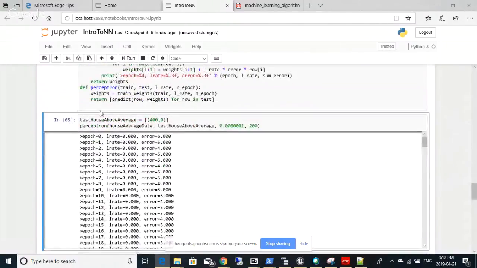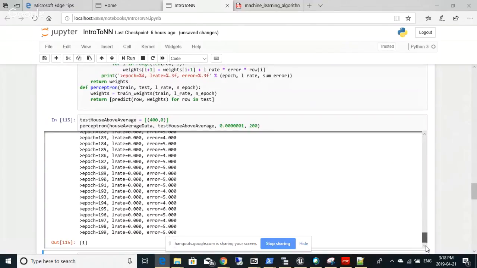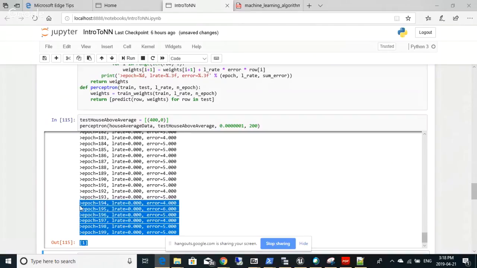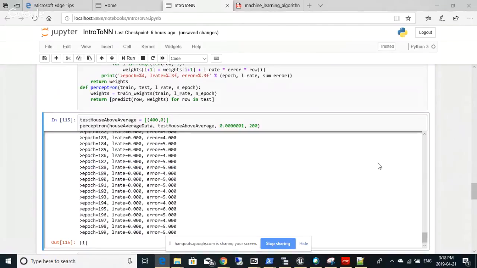Okay, so this is something else that is interesting. This is a 400 square footage house that has a pricing of 0. You would believe that this is below average, but the algorithm is outputting that it is above average.